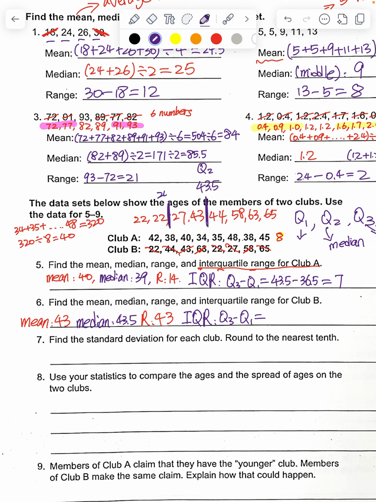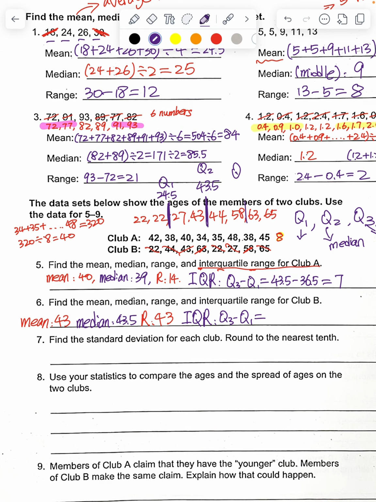So 24.5, this is Q1. And then on the upper part, I need to figure out the average between 58 and 63. So 58 plus 63 equals 121, divided by 2 is 60.5. So this is Q3.